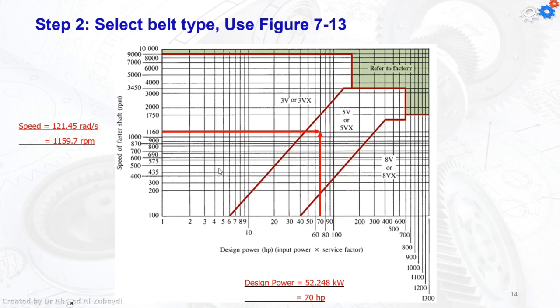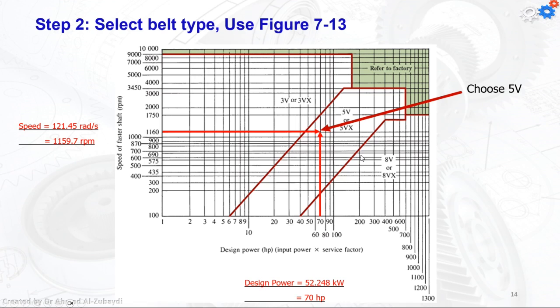So we can simply find the value for that, which is located at 1160 and intersecting with the design power of 70. Then we're going to have the intersection at that point, which is located within the 5V. So we can choose the 5V as our belt type.